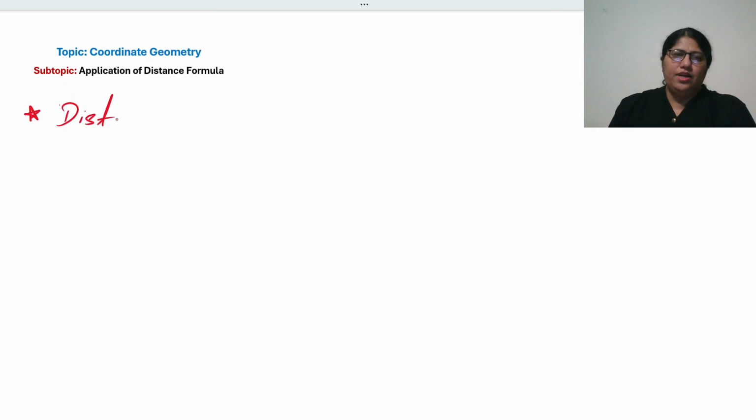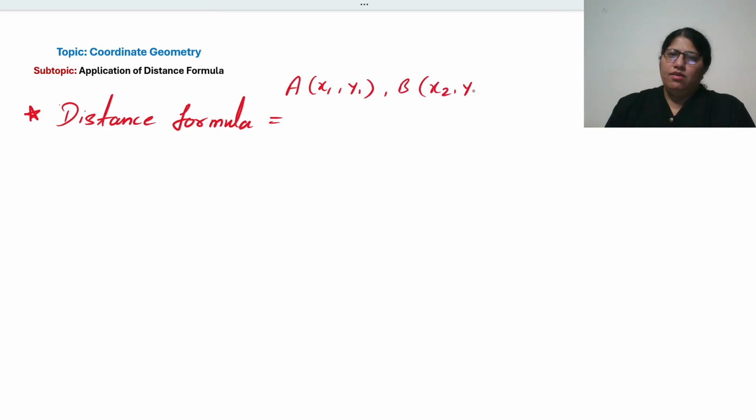Let me know, if there are any 2 points with coordinates x1, y1 and x2, y2, the distance between those 2 points. If I have a point A with coordinates x1, y1 and another point B with coordinates x2, y2, what is the distance formula?